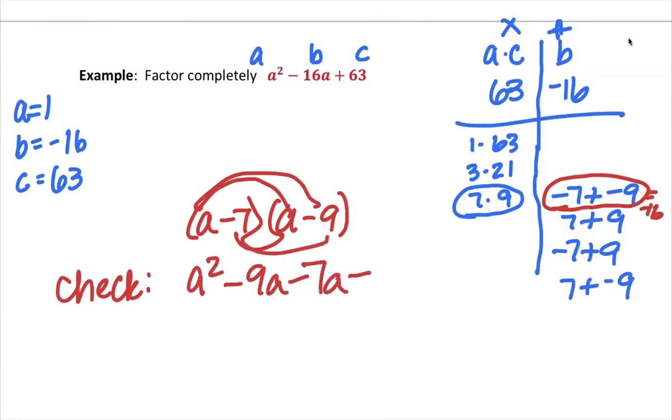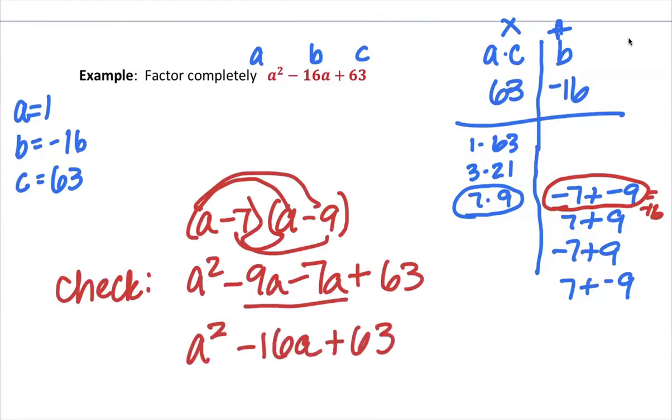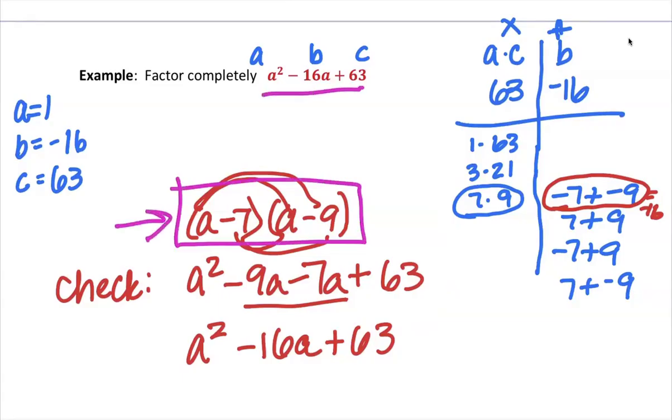Negative 7 times negative 9 is positive 63. Middle two terms are like terms. And we can see that if we check, we get right back to where we started, which is what we want when we check. We want to make sure that we've made an equivalent expression. So just to be clear, this is your answer. It's asking for this expression in factored form.